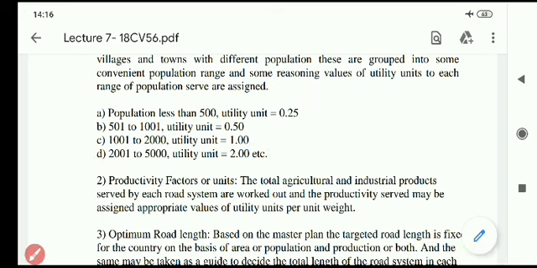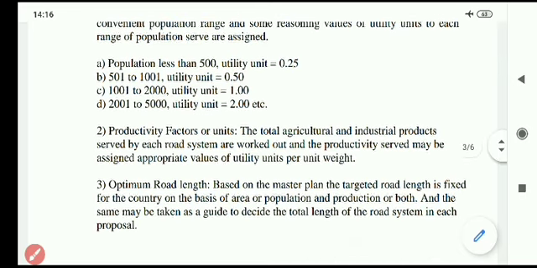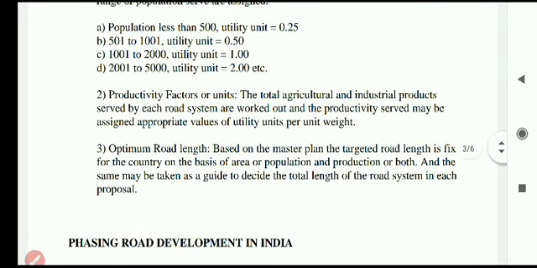After knowing the population utility units, next we will focus on the productivity utility units, based upon the load carrying capacity, tonnage. Under this we have two types: one is agricultural utility units, the other one is industrial utility units.